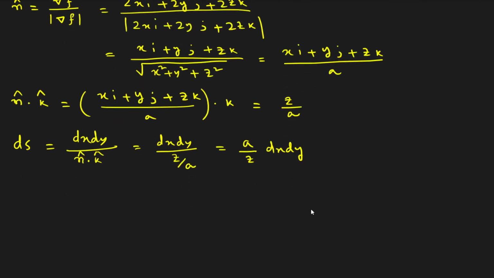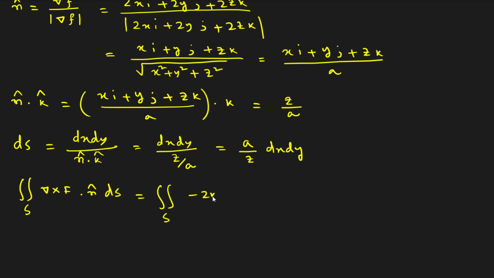So it's a by z dx dy. Now let us go to the right hand side. Double integration over s of nabla cross F dot n cap ds. So what is nabla cross F?